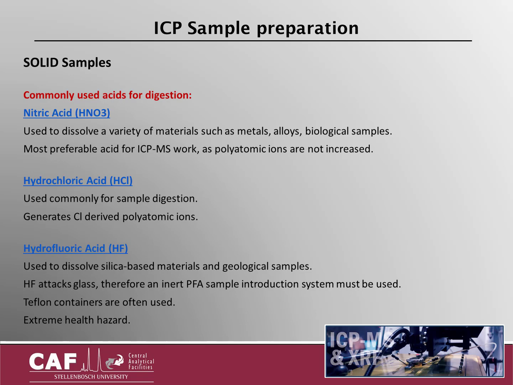Hydrochloric acid is often used with nitric acid. It can increase the temperature of digestion, and it's beneficial when you've got elements such as mercury that you want to keep in solution.